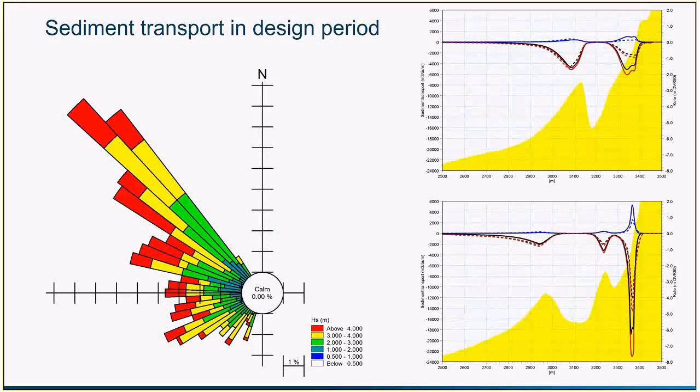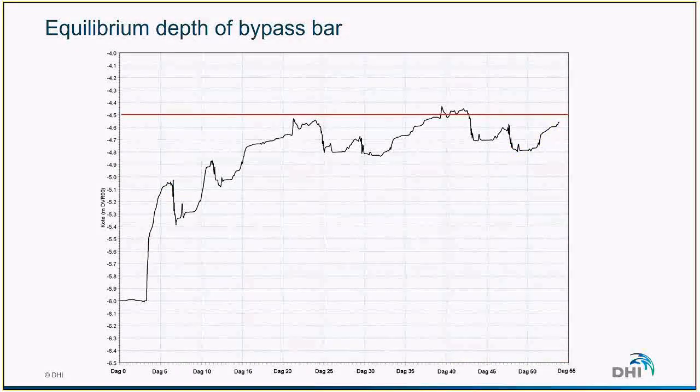And we can see that on the outer bar, we have very good correlations between the artificial wave climate that we're using and the average wave climate. And based on this 55 days climate, we've been simulating the morphological evolution of the bypass bar, because that's what we were aiming at.